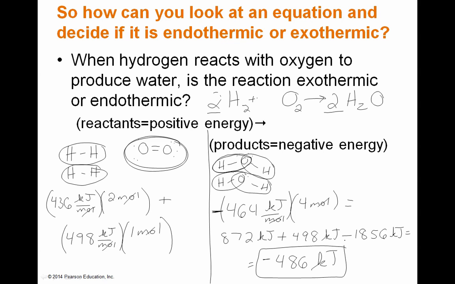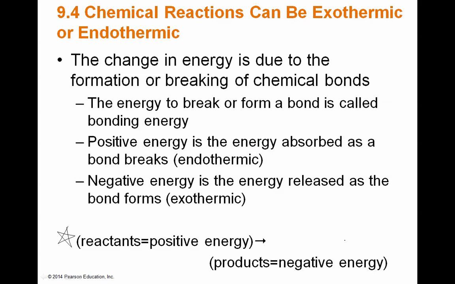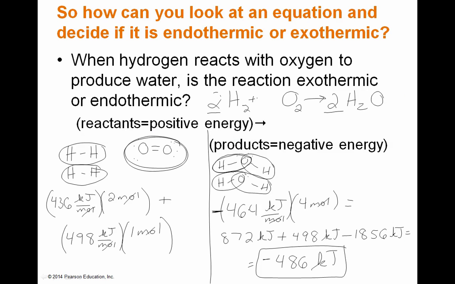So whenever we look at our bond energies, what that means is there is negative 486 kilojoules of energy associated with this reaction. Let's go back and see what that means. If it's a negative energy, then the energy released as the bonds form makes it exothermic, meaning there is more energy released as the bonds form than was absorbed as the bonds broke. So our reaction overall is exothermic.